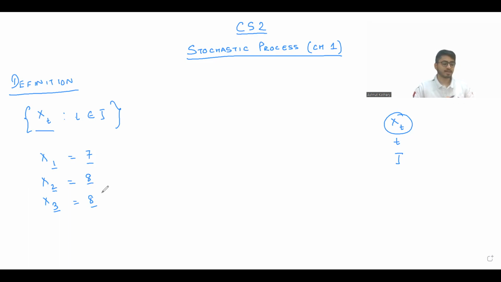So right now, we can classify stochastic processes primarily into 4 different categories.